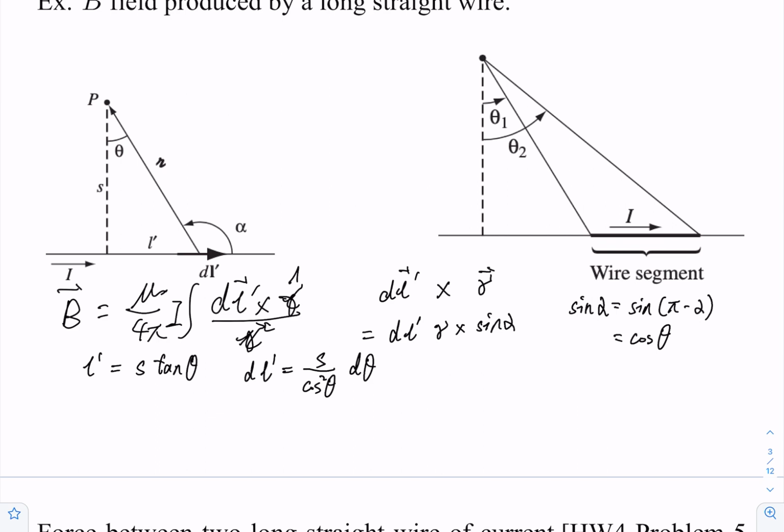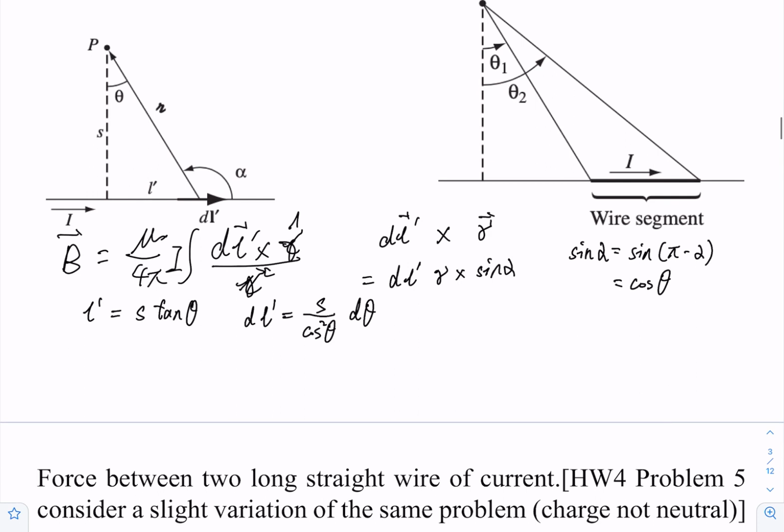Now this means that we can continue this expression. Here this changes to S squared over cosine theta times d theta, times the separation vector.